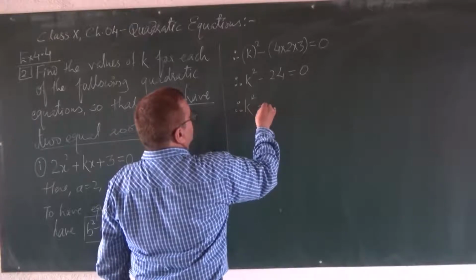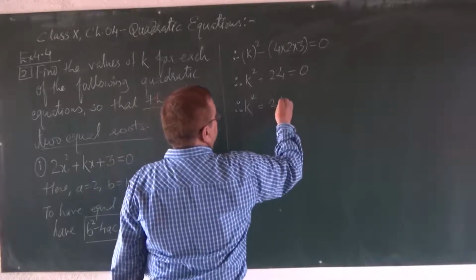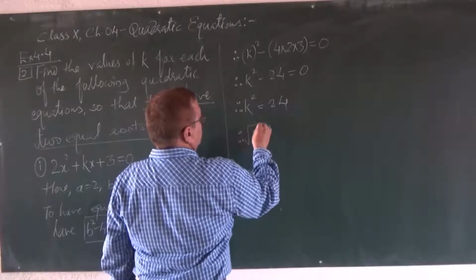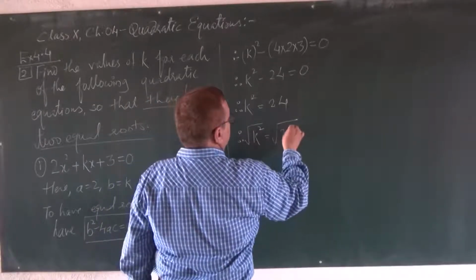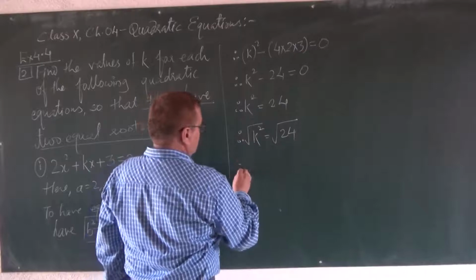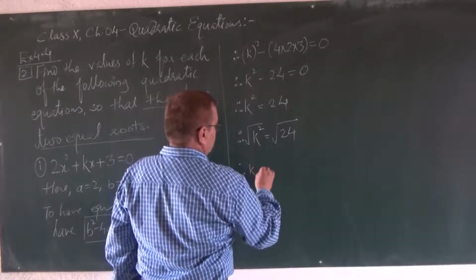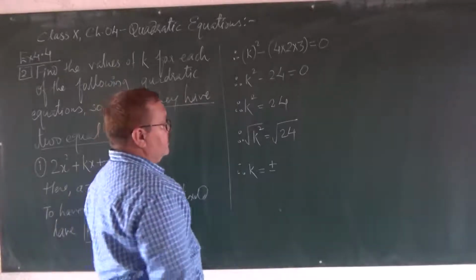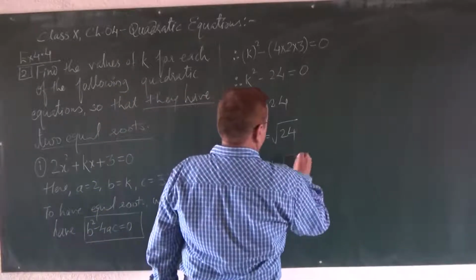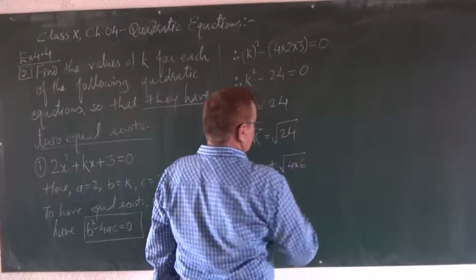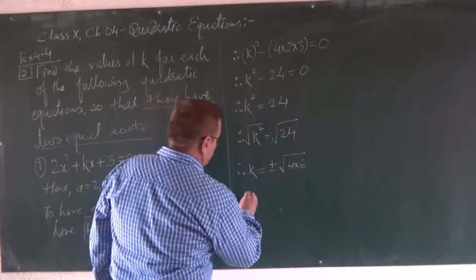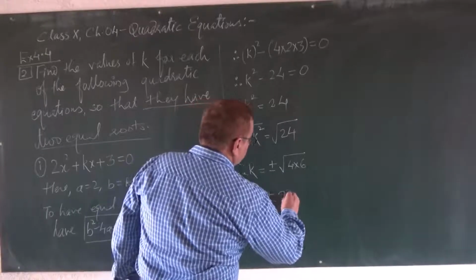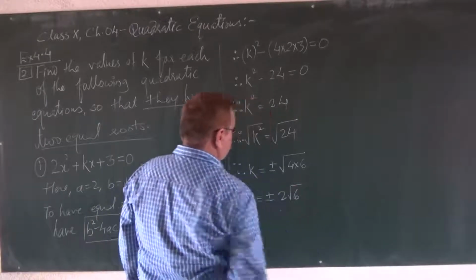Therefore k square, take minus 24 that side, plus 24. Taking square roots on both the sides, k is equal to plus or minus square root of 24. How will you write 24? 4 6s are 24, and square root of 4 we want. So k is equal to plus or minus 2 root 6.